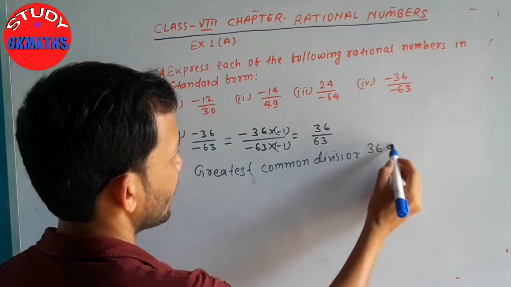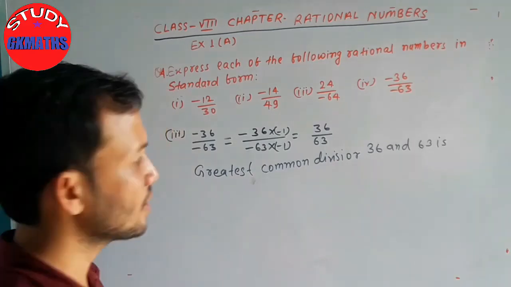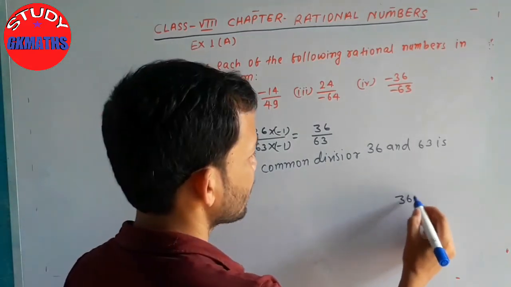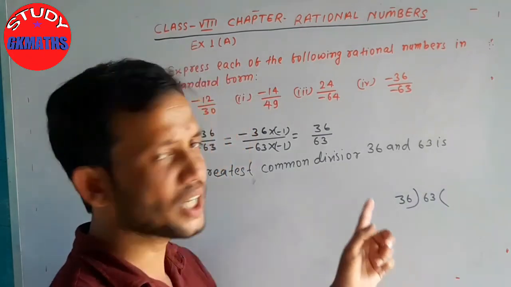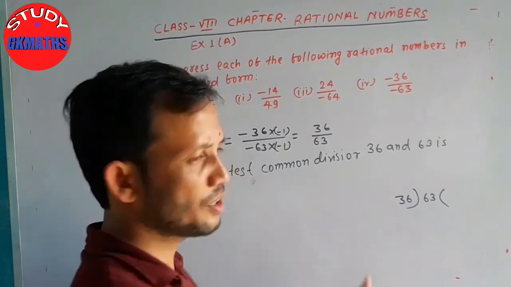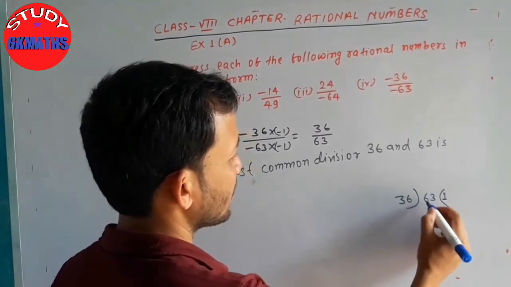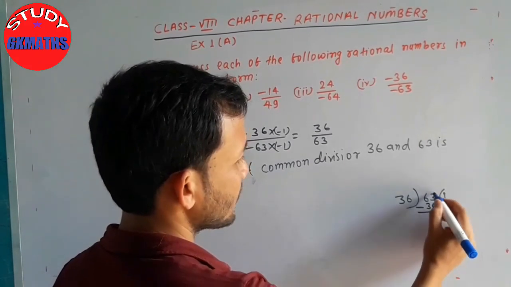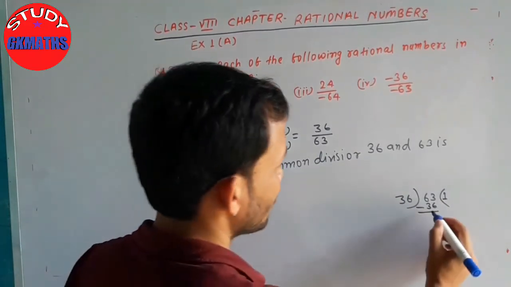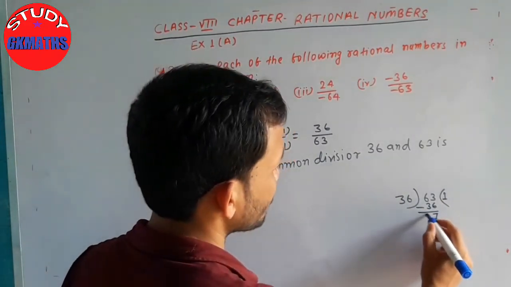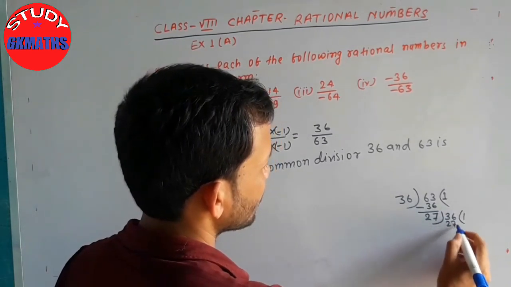The greatest common divisor of 36 and 63. How can you find it? Simply divide 63 by 36. 36 twos are 72, and 72 is greater than 63. So 36 ones are 36. Just subtract this. The result is 27. Then 36 divided by 27: 27 ones are 27.